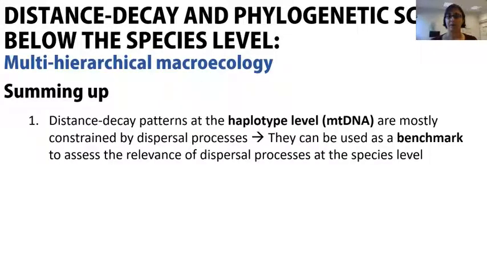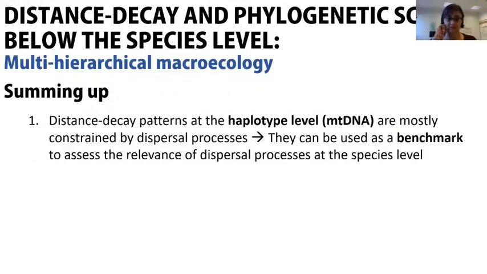So to sum up, we think it can be very useful, in this context of distance decay models, to compare what happens at the haplotype level and use it as a benchmark to see if we observe the same pattern at the species level, because it's not necessarily the same.